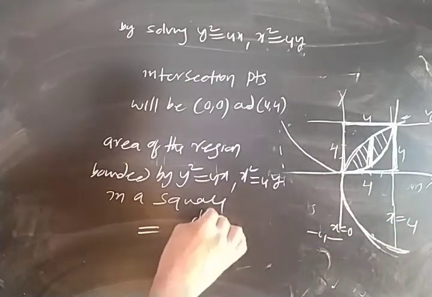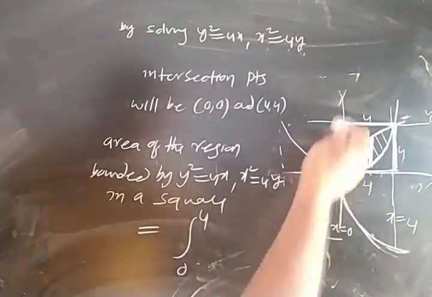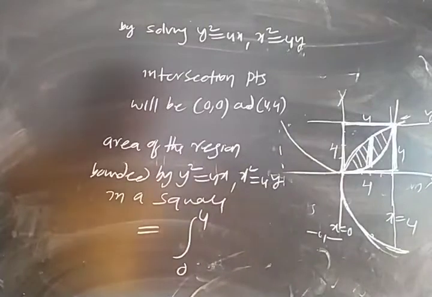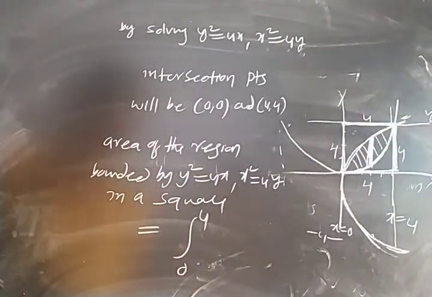I am taking x limits, so that's why I am taking a vertical strip. If you take y limits, you can take a horizontal strip.